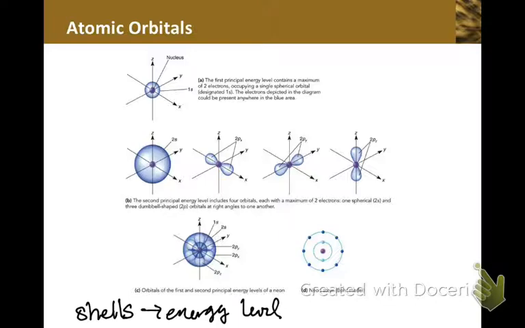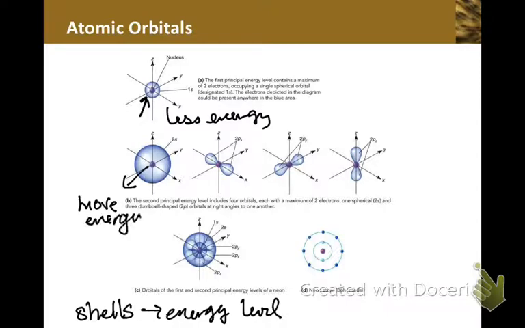Now, basically, the closer the electrons are to the center, the less energy they have. The farther out they are, the more energy, right? You can think about it in the sense that if you are right next to a building, you're holding on.